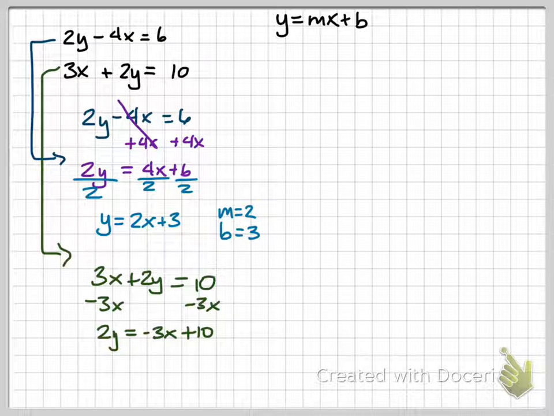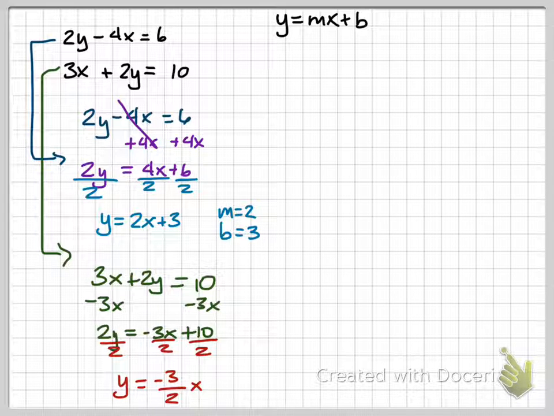Now we're going to divide by 2. And we end up with y equals negative 3 over 2 x plus 5. We want that to stay in a fraction because it's going to make it so much easier for us to graph. So now our slope is negative 3 over 2. Our intercept is 5. So we go over here and we draw these.